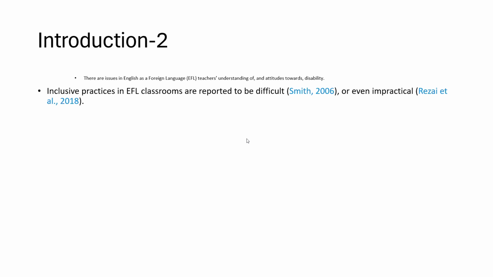They're worried that the presence of disabled students would cause difficulties, would cause less attention and less motivation to non-disabled students.